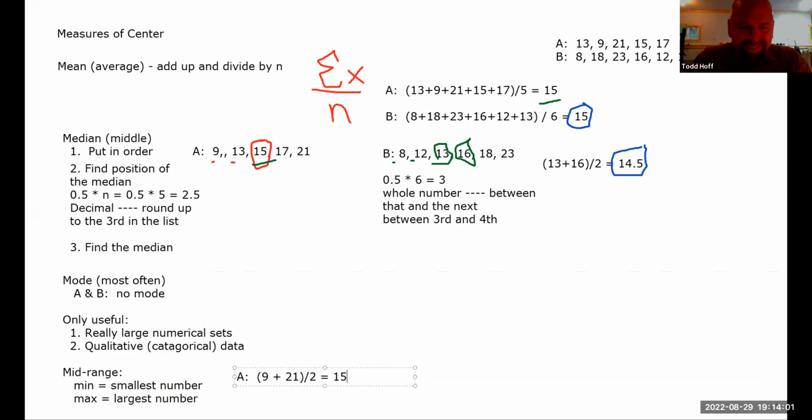Same as our mean and our median for A. For B, it's going to be 8 plus 23 divided by 2. 31 equals 15.5. So that's, again, slightly different from the mean and median, but really close. So this is still approximately normally distributed, just maybe not perfectly normally distributed.